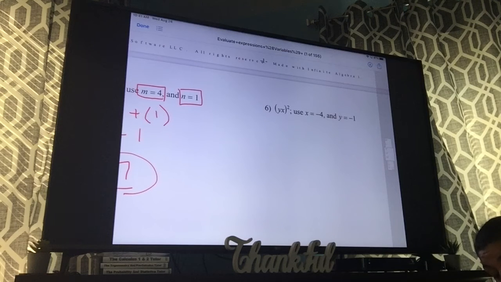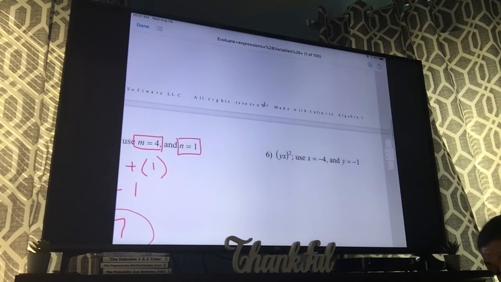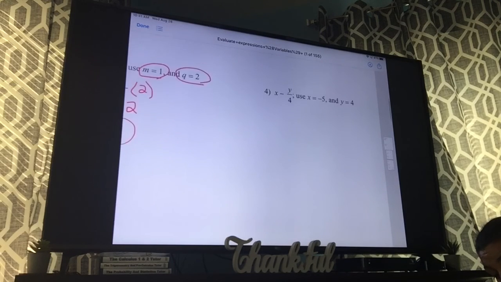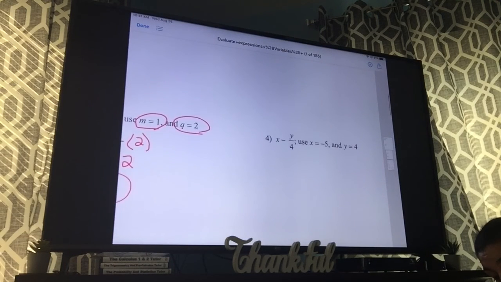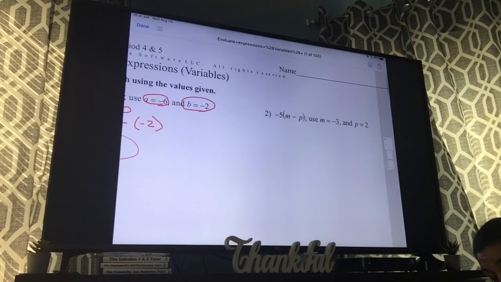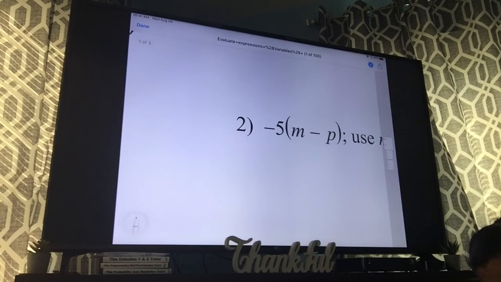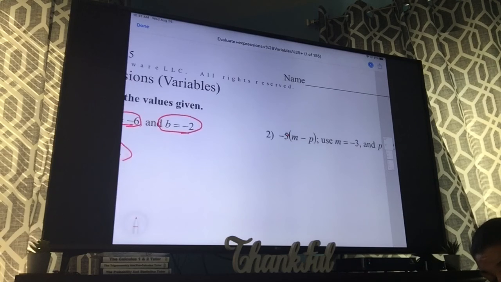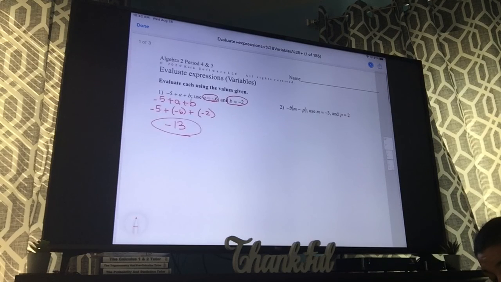It's going to be y times x on the inside, and then when you get that value, you're going to square it. 4, deal with that fraction first. Plug everything in and deal with the fraction first. And 2, same thing. So your last step is going to be to multiply by negative 5. So deal with the parentheses, and when that's all down to 1 digit, multiply it by negative 5, okay?